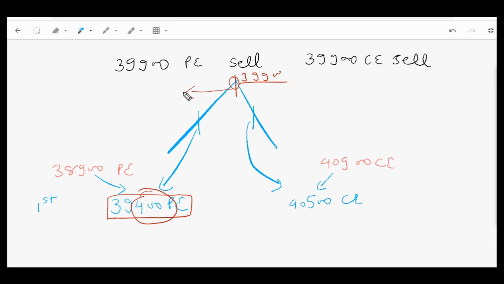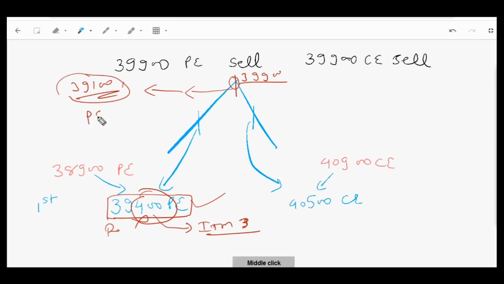So if the market goes down to 39,100, that means our 39,400 put has become in the money by 3 strikes. We can say it has become ITM 3, it will be in profit. So we will book profit in this, exit this, and we will buy the 39,100 put strike as hedge on the put side, right?